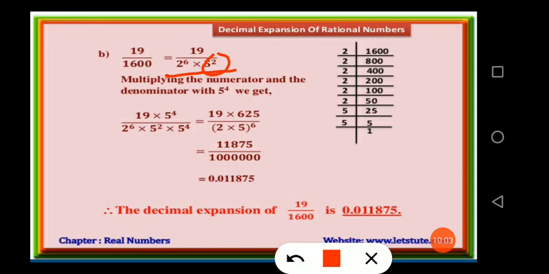So how many 2s are left? We are left with 1, 2, 3 and 4 2s. So we will multiply numerator and denominator by 5 to the power 4. So the denominator will become 10 to the power 6, and thus we got the decimal expansion. Got it?